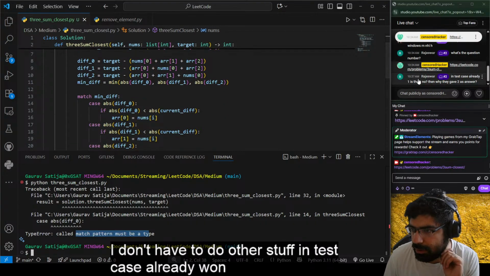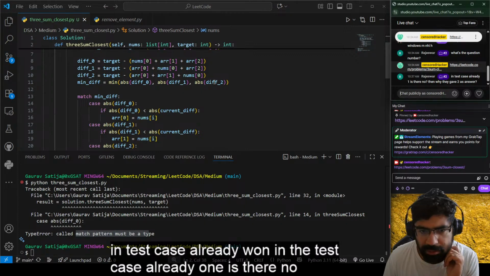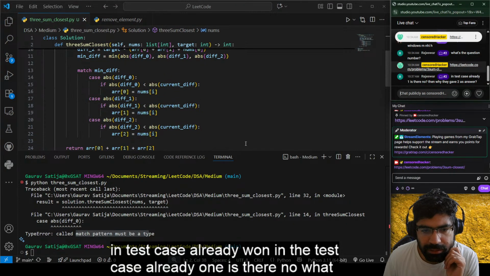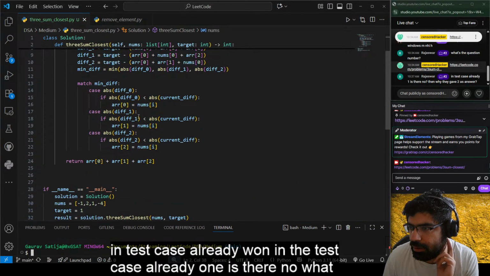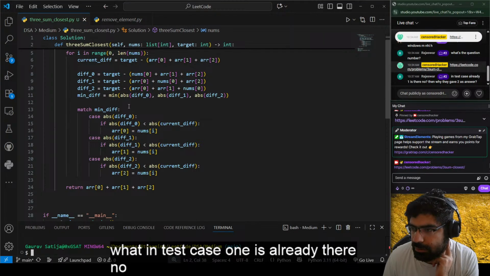Wait. In the test case, already 1. Is there no? What? In the test case, 1 is already there, no? So why did they give 2 as the answer?